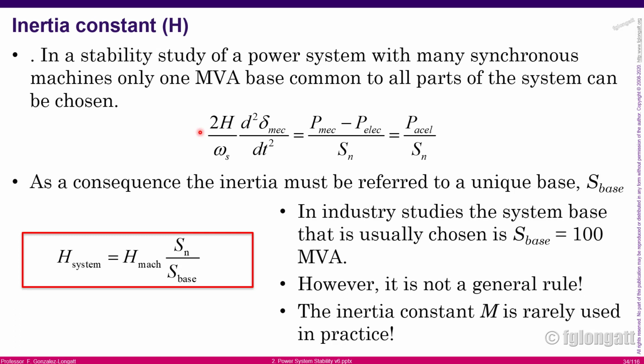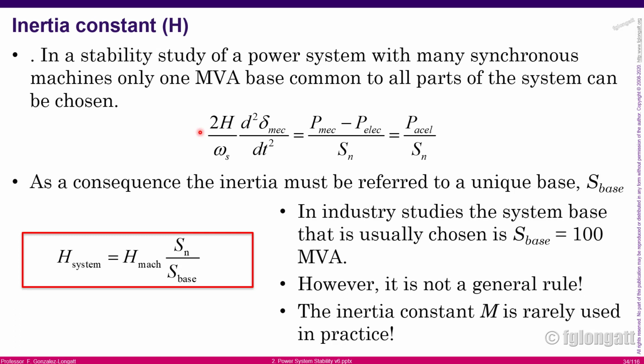As a consequence, we need to use multiple swing equations, and every single synchronous generator has inertia, and this inertia is basically defined on the nameplate characteristic. And when we are working in an electrical power system, we need to refer all the quantities to the per unit system on the same basis.